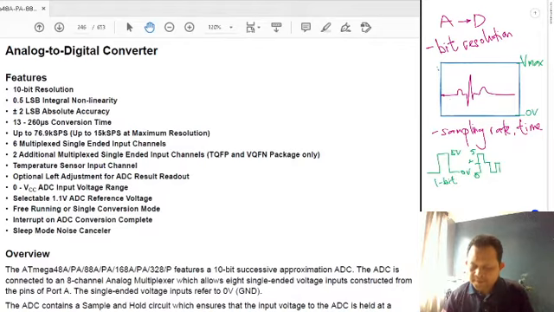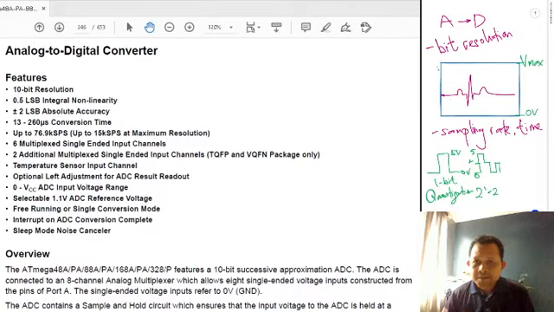So the formula is how many levels of voltages. If it is 1 bit, then the question is how many quantization levels, and it will be 2 to the power of 1, so there will be two quantization levels.